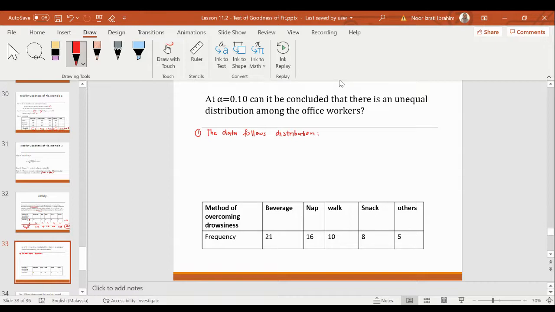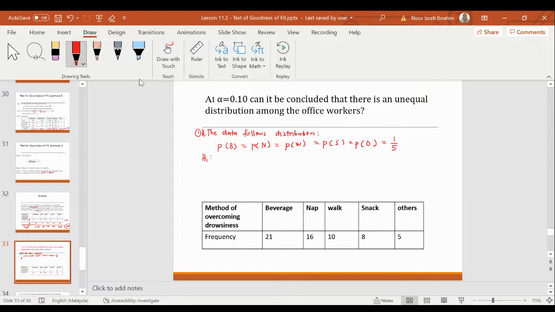Since they are equal, the probability of beverage equals the probability of nap equals the probability of walk equals the probability of snack equals the probability of others, equal to 1 over 5. This is H0.